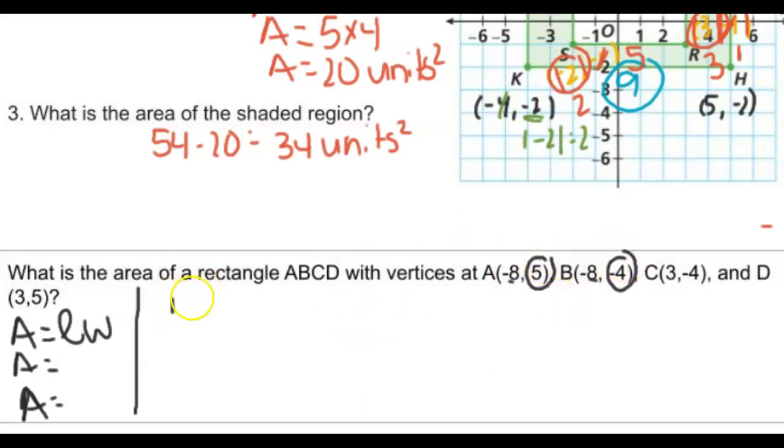So I'm going to find the absolute value of 5, which is 5, and the absolute value of negative 4, which is 4. And I notice that they are in different quadrants because this one is negative positive and this is negative negative. Since they're in different quadrants, I get to add them together. So from A to B, that is 9.